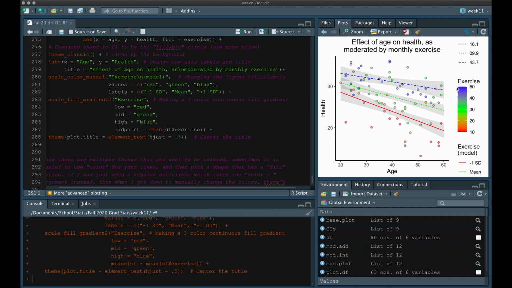So now not only do I have different colors for each group, but I also have different line types. But you see how even though it's the same things as this, it gives me two separate legends.